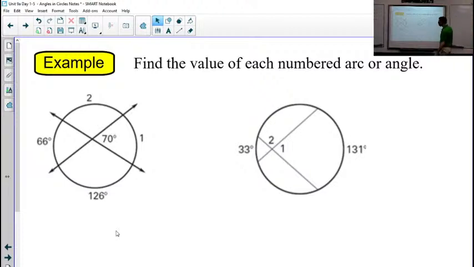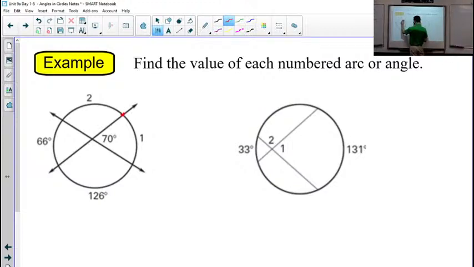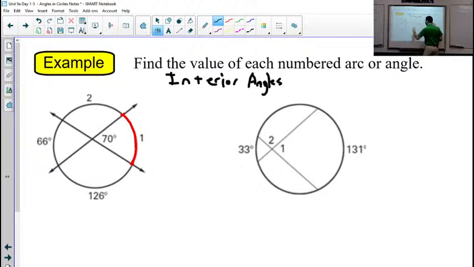Find the value of each arc or angle that we're looking for. So let's start with arc 1 over here. These are all interior angles. These are all angles that are inside the circle.